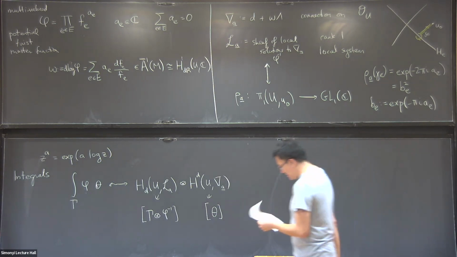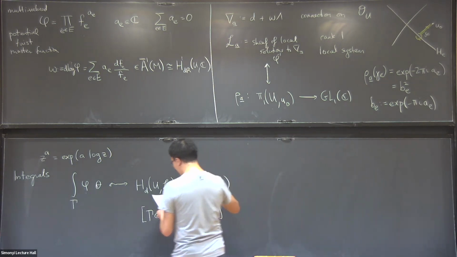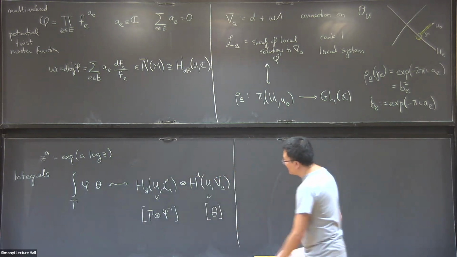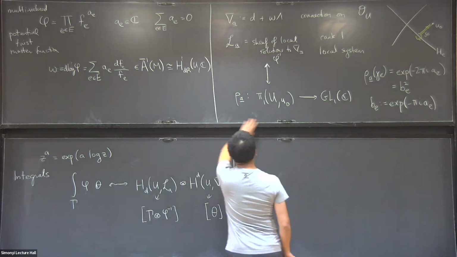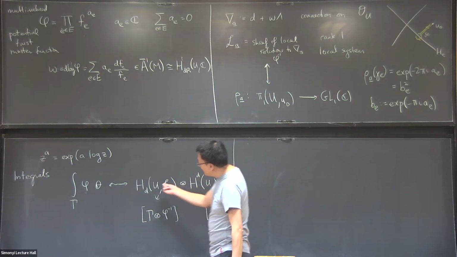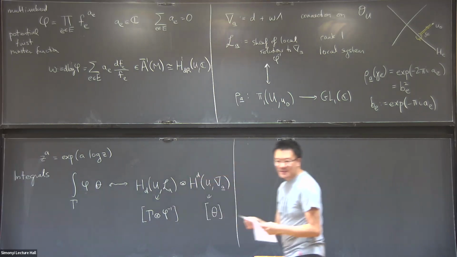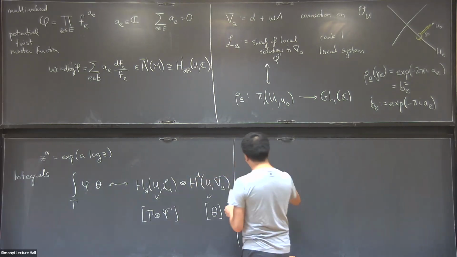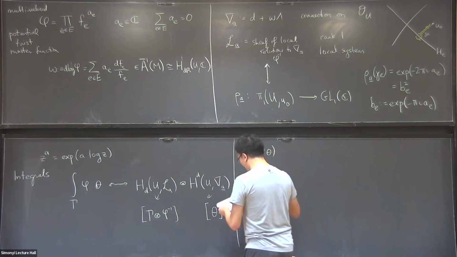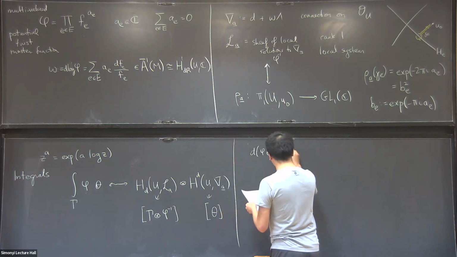The way to check that this... the explanation for this formula up there is that there's a version of Stokes' theorem for these twisted integrals, and to check that Stokes' theorem works, you need some kind of formula that looks like this.